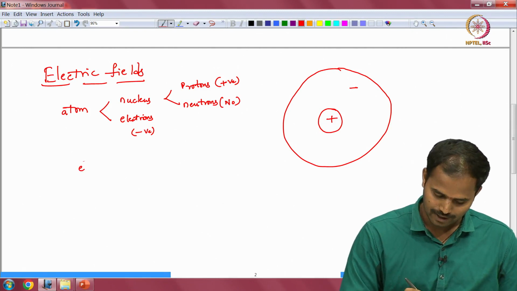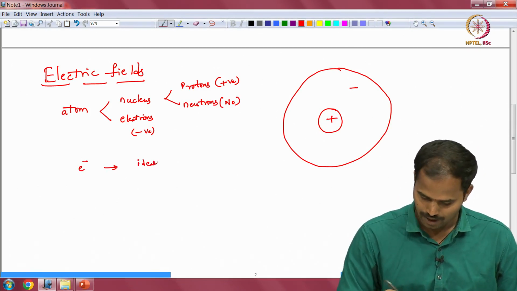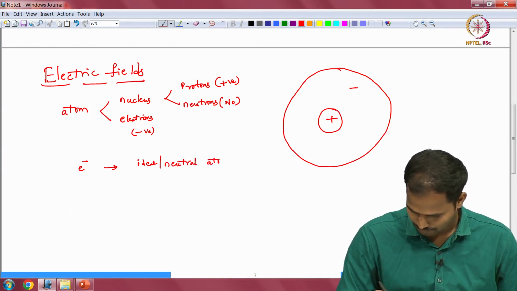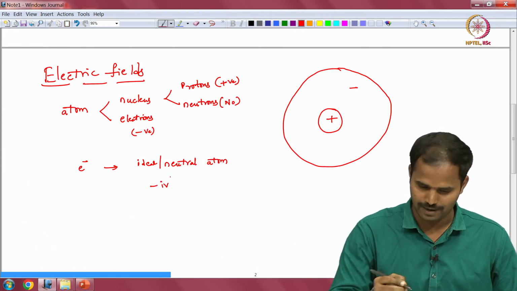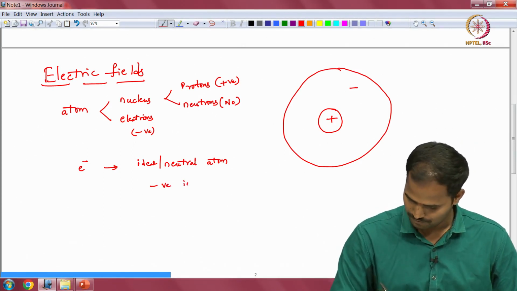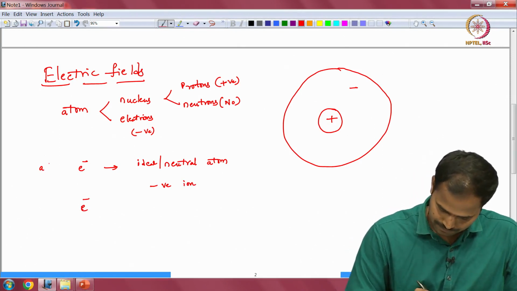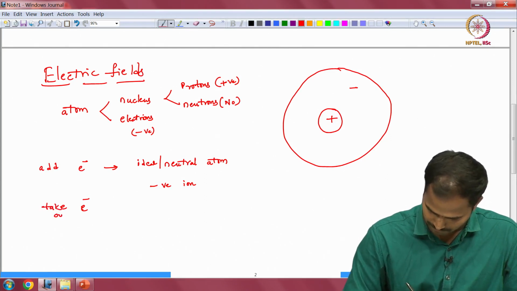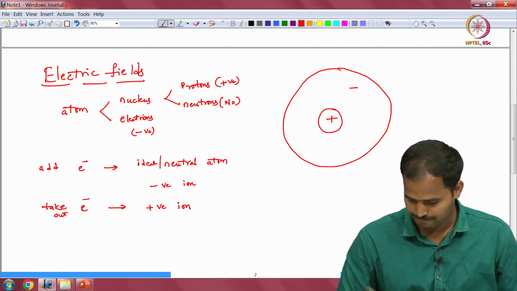If I add an electron to the neutral atom, then it becomes a negative ion. And if I take out an electron, then it becomes a positive ion.